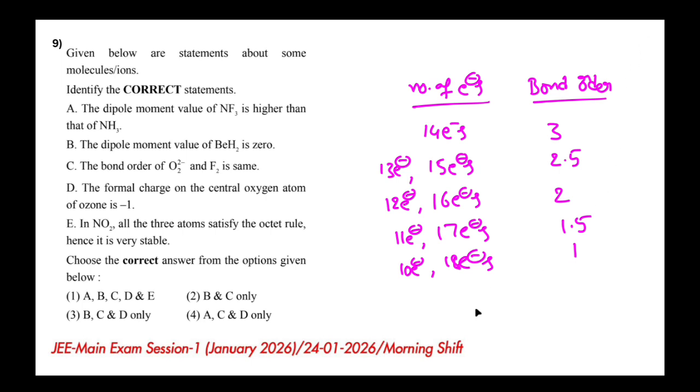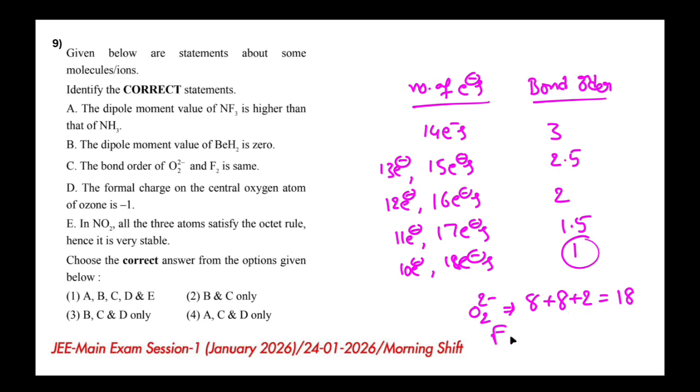Now for O2 2-, what is the number of electrons? One oxygen atom has 8 electrons, and there are two oxygen atoms, so 8 plus 8 is 16, and 2 extra electrons are there. So in total we have 18 electrons, and 18 electrons means bond order 1.